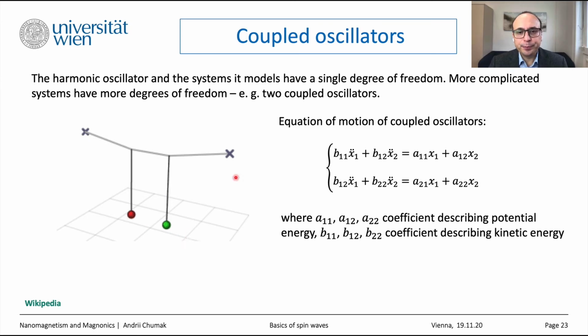Of course, there is already a theoretical model behind it, so just to give you a taste, the equation of motion looks like this. It's similar to what we obtained at the very beginning, but here you now analyze the displacement or amplitude of oscillations of the first and second oscillator, so you see they are in the same equation, one for each oscillator, and besides there are some parameters which describe kinetic energy, and parameters which describe potential energy.